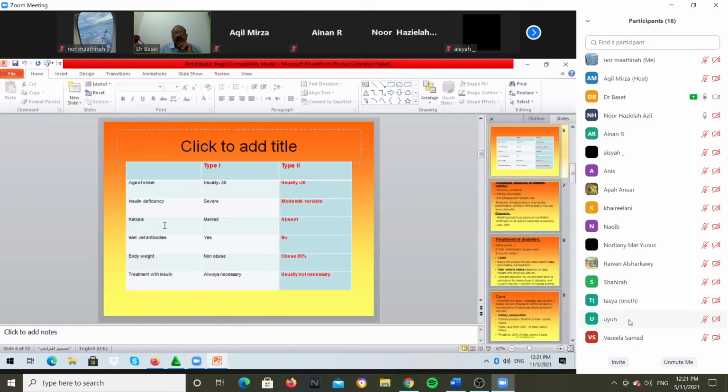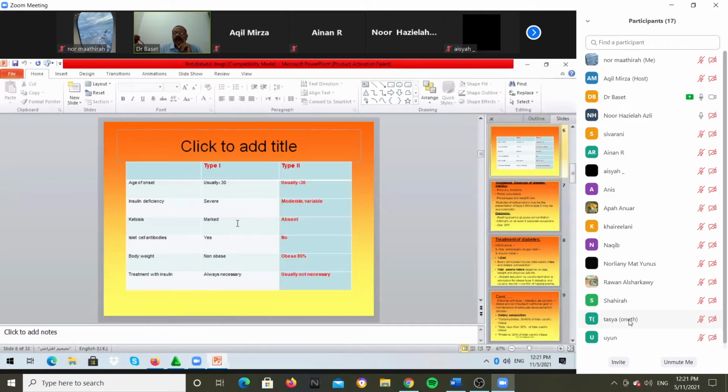Regarding ketosis as a biochemical process, it may be marked in type 1 and may end in coma. In type 2, it may be absent. Islet cell antibodies: if we search for antibodies against the islets of Langerhans, we can find them in type 1 but not in type 2.